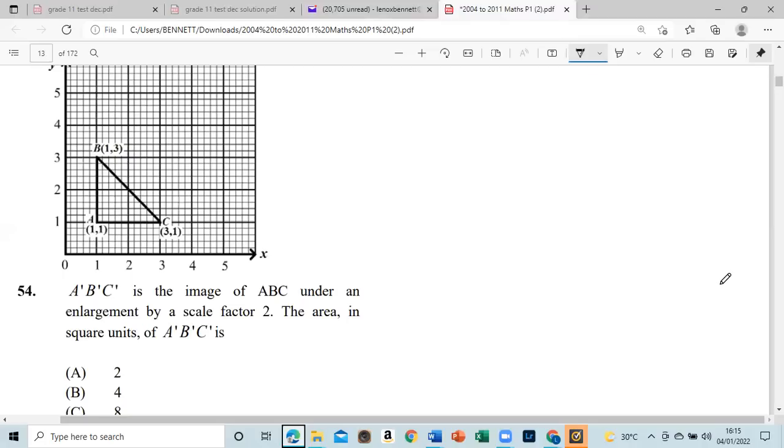We can find the area of that one, and then we double it. If the scale factor is 2, it means that this is going to come out here, because it's a double, right?